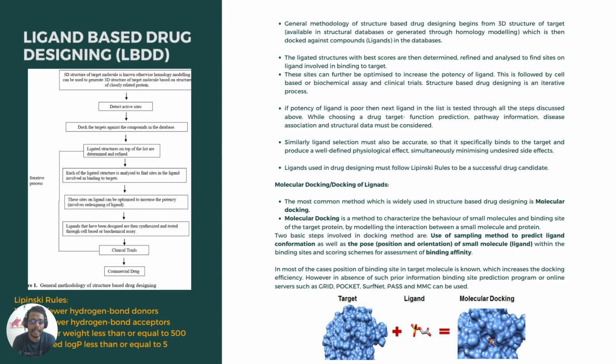While choosing a drug target, its function, its pathway information, the disease association and structural data all must be considered. Similarly, ligand selection must also be accurate so that it specifically binds to the target and produces a well-defined physiological effect, while minimizing undesired side effects.